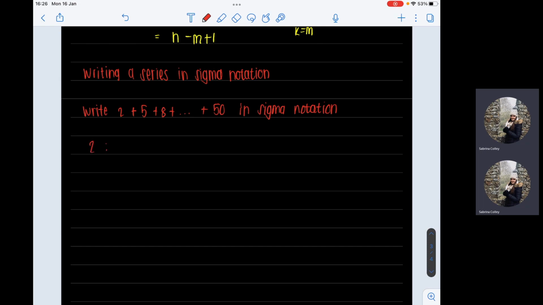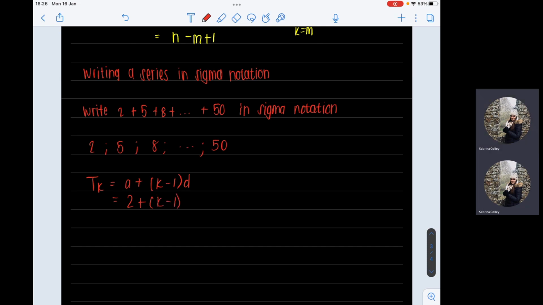I know that this makes a sequence like this. So I know tk is equal to a plus k minus 1 times d. You're used to n, which is fine, you can use tn if you want to. My first term is 2, so that's my a.